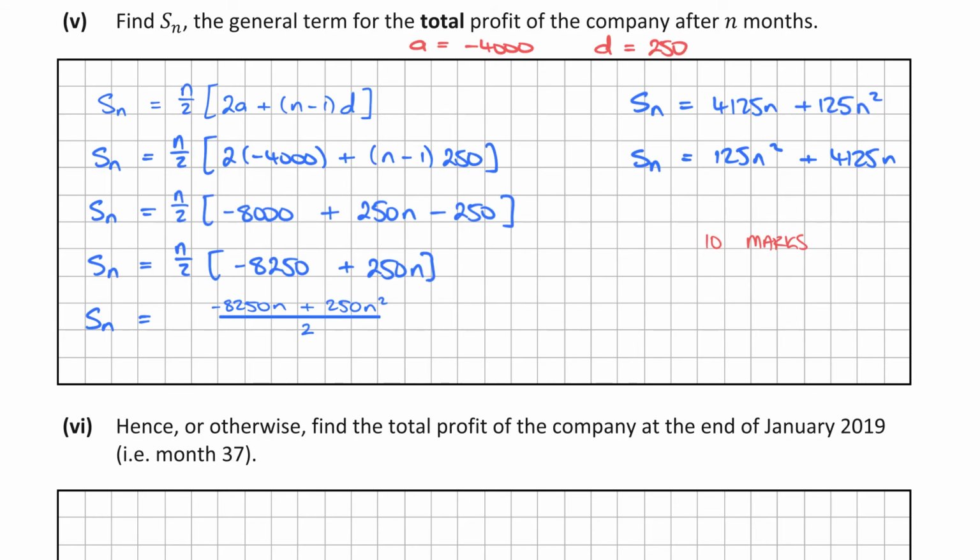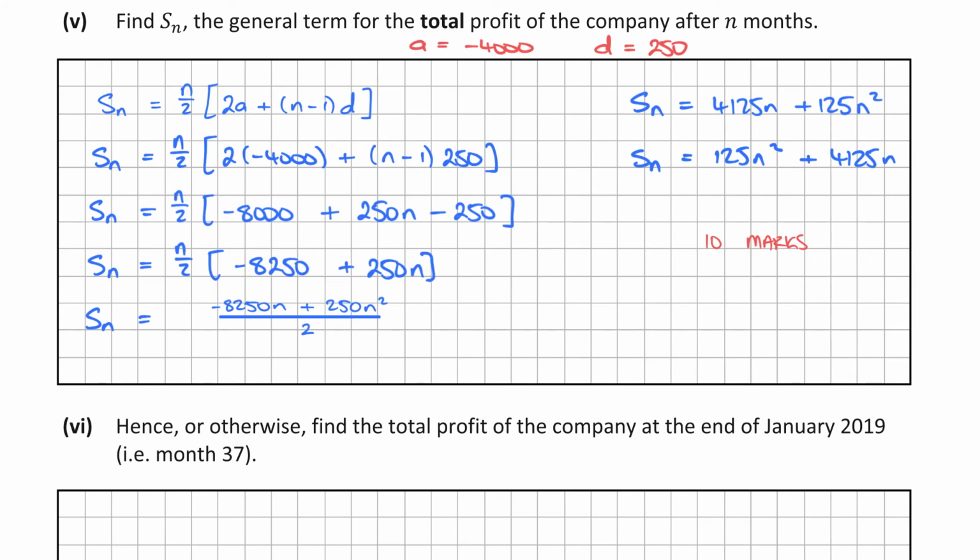Just an interesting point to make on that: if you got down as far as here, they gave you the full 10 marks that year. So the extra steps, if you got them out, brilliant, but they actually allocated full marks if you got as far as this step this year.